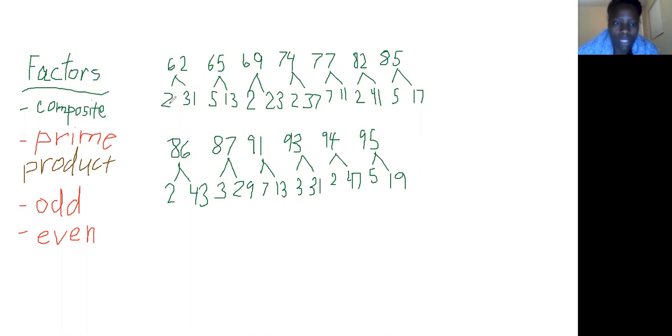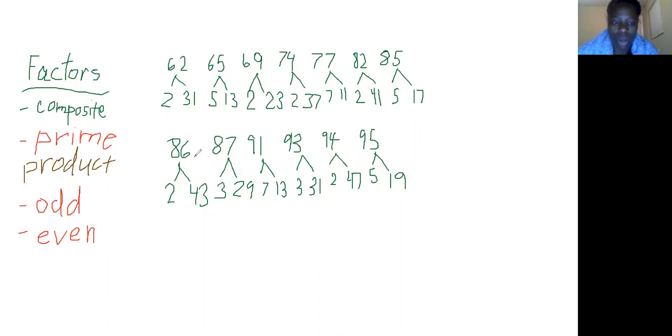So 62 has factors 2 and 31. 65 has factors 5 and 13. 69 has factors 2 and 23. 74 has factors 2 and 37. 77 has factors 7 and 11. 82 has factors 2 and 41. 85 has factors 5 and 17.